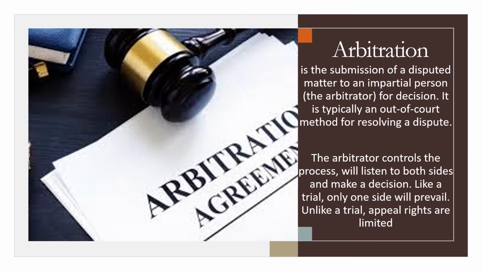But there is a clause to this arbitration. You cannot submit yourself to arbitration, an agreement is reached, and you say, I'm not going to abide by the agreement. So the agreement in arbitration is binding, and arbitration is so similar to litigation. The only difference is that it is an out-of-court method for resolving a conflict.